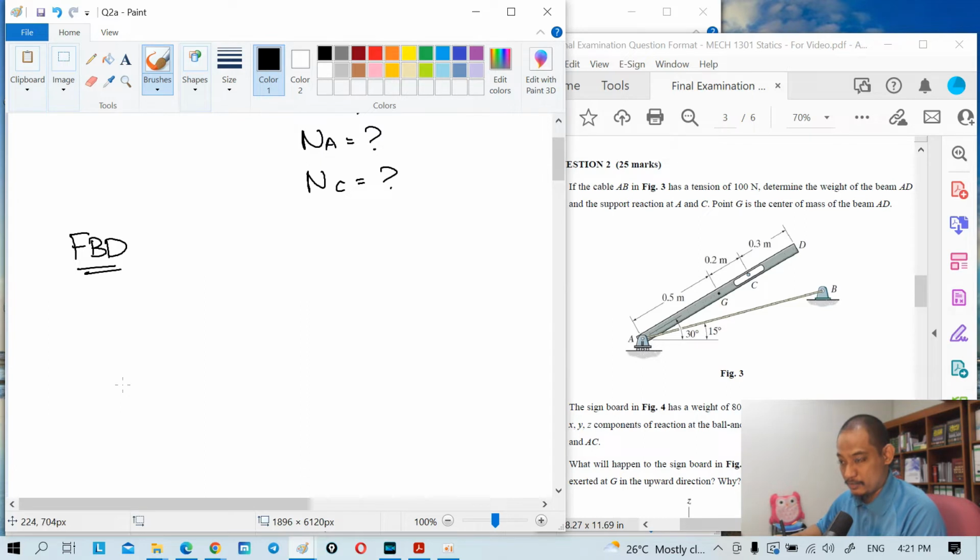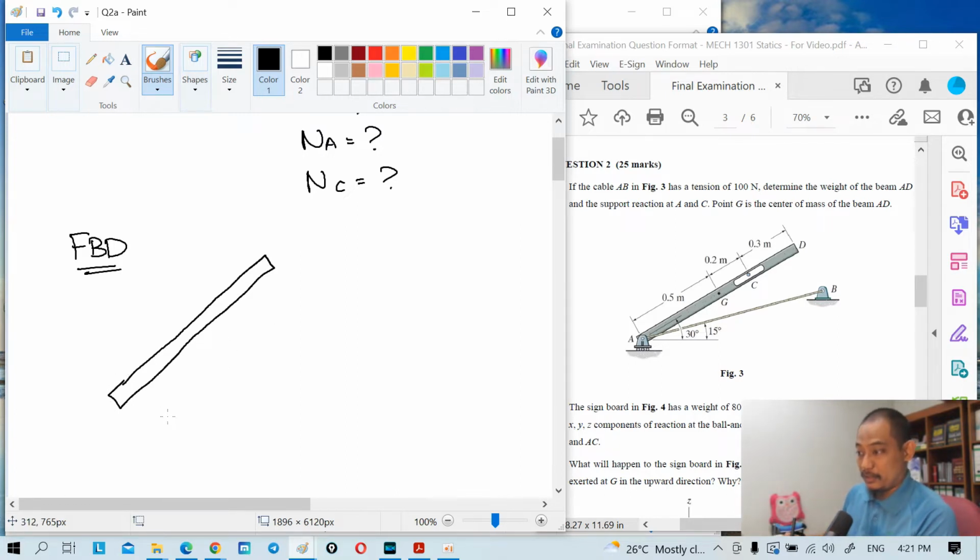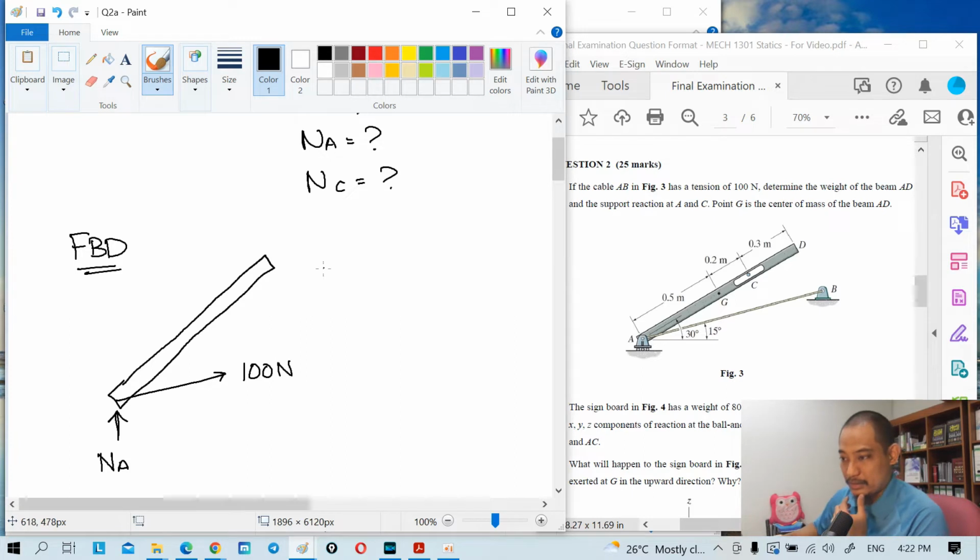So you have basically the rod or something like that, and then you have a force in this direction. From A you have the normal direction there. This force is known, right? This is the 100 Newton. And then we have weight here, right? Weight, and then we have the normal reaction at C.